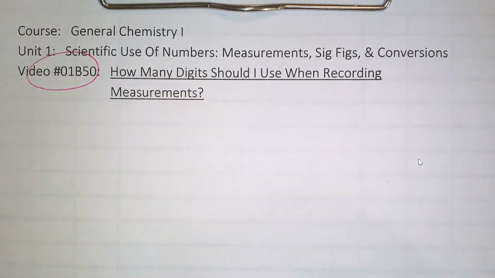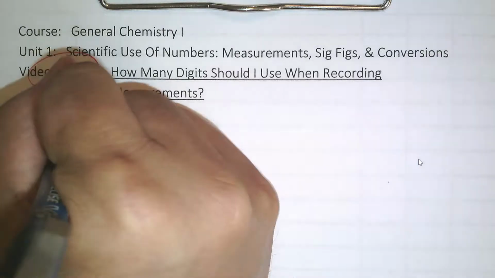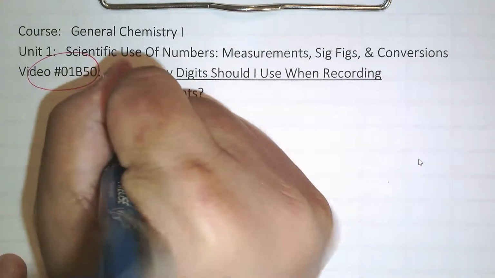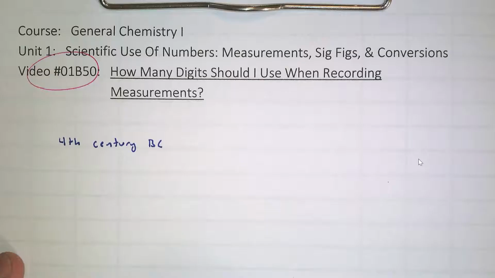Now, let me give you an example of why it's important that we be very careful in how we report numbers. For instance, in the 4th century BC, scientists were calculating the distance from the Earth to the Moon, the average distance.